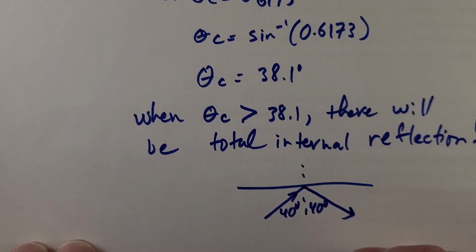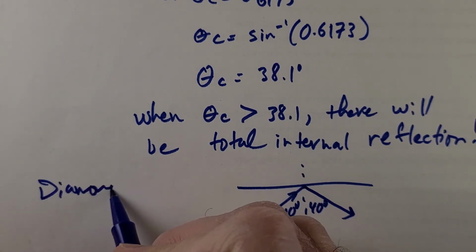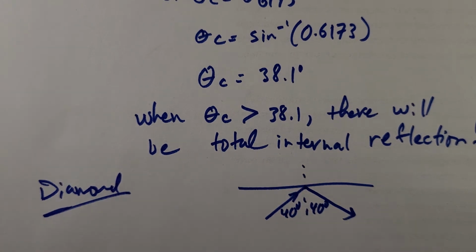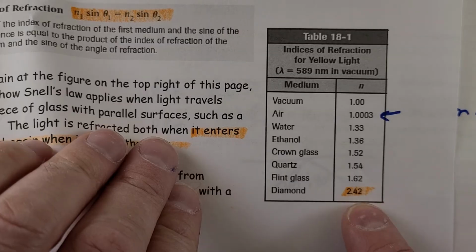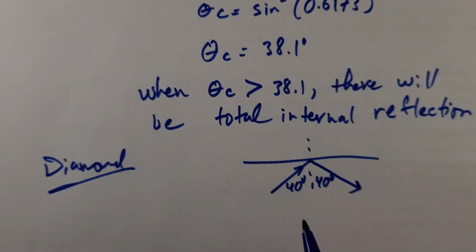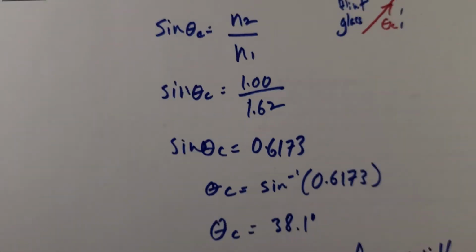So that's interesting. Now there's an interesting part of this too. We hear about diamonds being so shiny. Well, diamond has a very high index of refraction, right? 2.42. So if I was going from diamond into air, take a look at what happens.